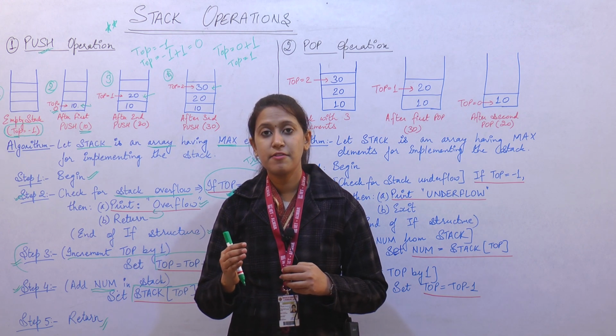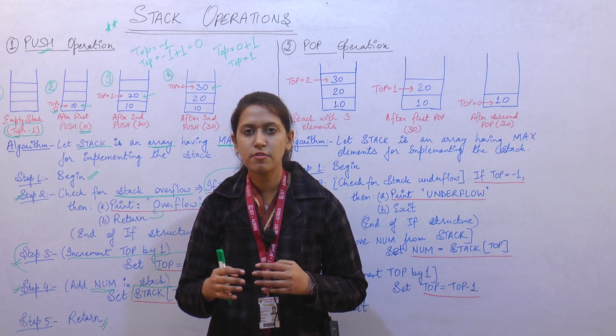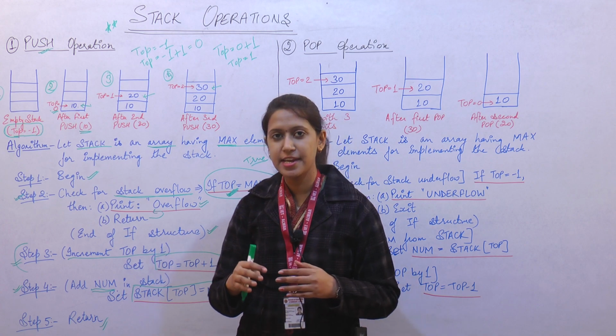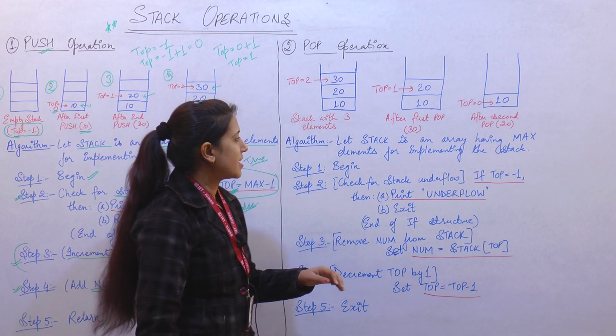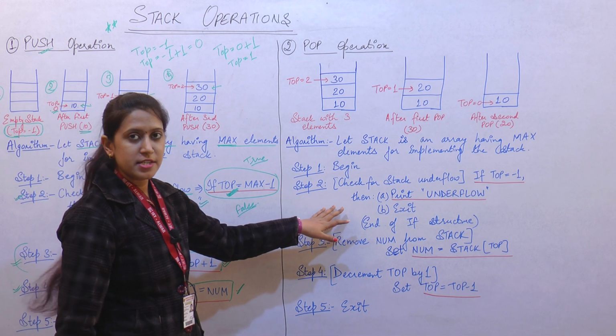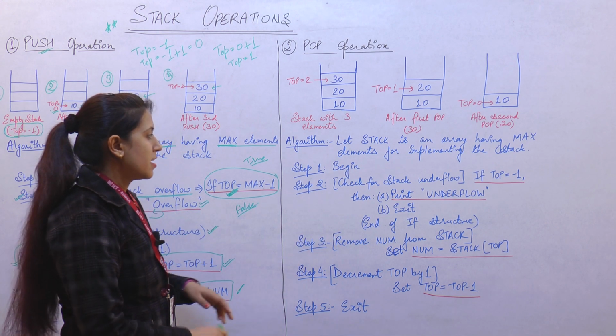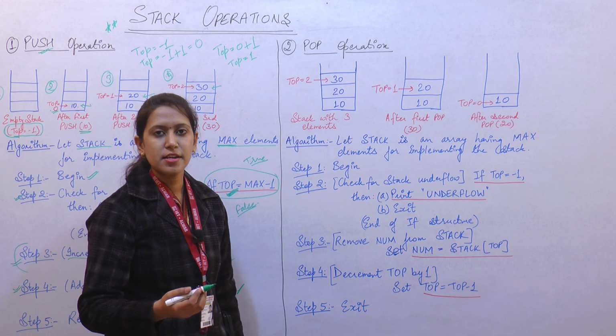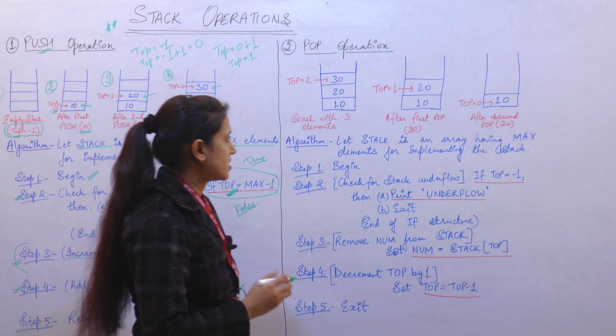That means if the stack is already overflow, we cannot further add any element to the stack. But in pop operation we will check for stack underflow. Underflow means if our stack is already empty, then we cannot delete any element from the stack.